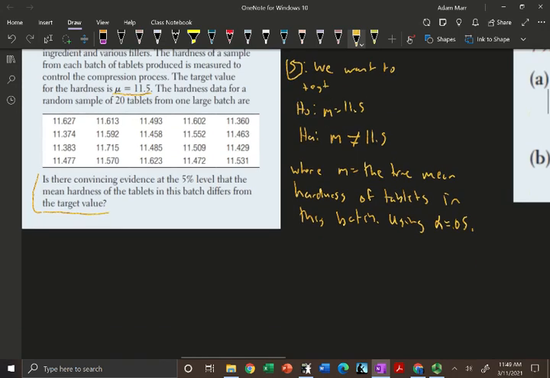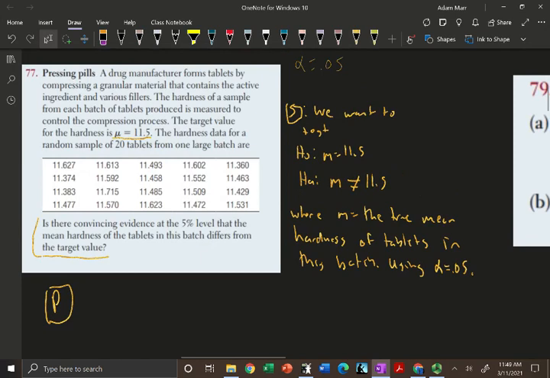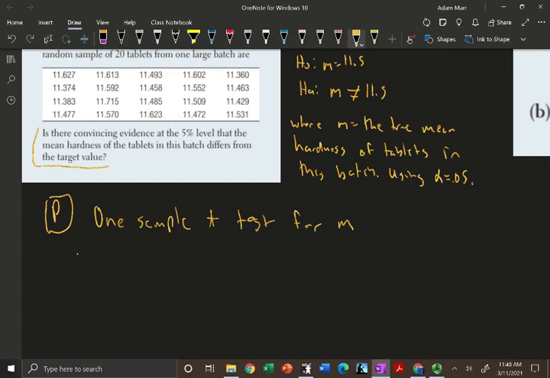Now we'll go to Plan. Don't forget I should have written down that my n value is, of course, 20. So it is a one-sample t-test for mu. Now we're going to go to random. It says right here, random sample of 20 tablets.